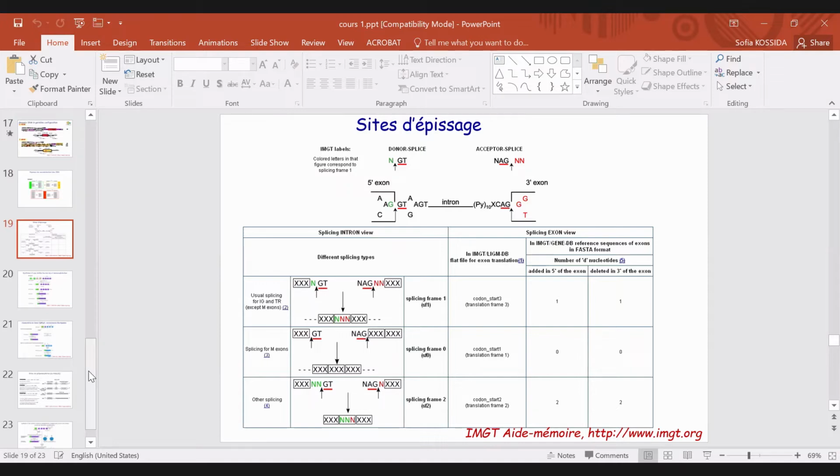Currently, IMGT has approximately 20 people working, and the biocuration team, I would say, is a bit less than half of the people in the team. The rest are bioinformaticians and informaticians as well.